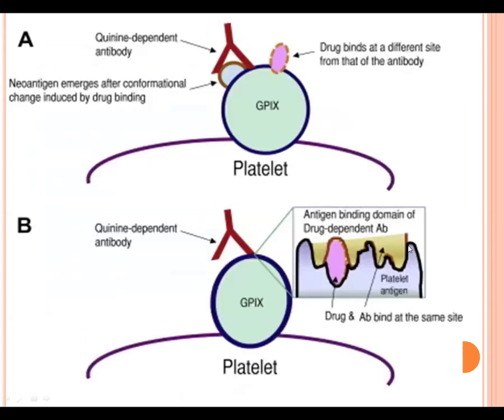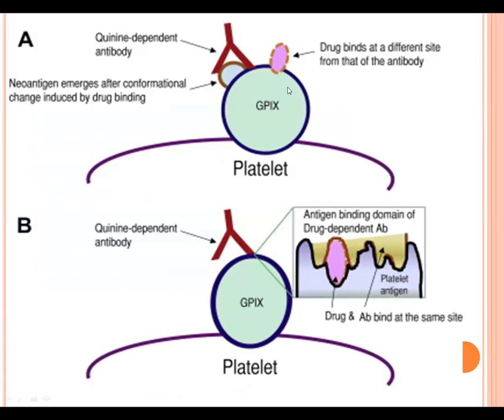Here you can see drug-related thrombocytopenia. Drugs can induce thrombocytopenia through a direct effect on the platelets or secondary to immunologically mediated platelet destruction. Right, both can occur. Here you can see the quinine-dependent antibodies.